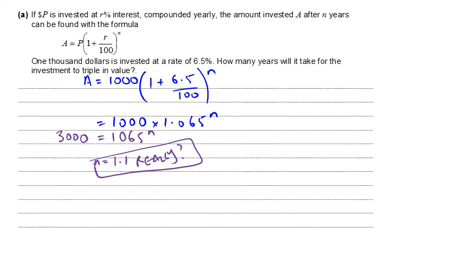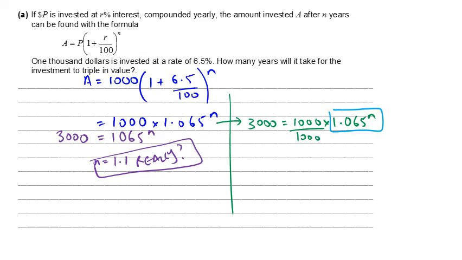Okay, so correctly what you guys needed to do was from here bring this over. Yep, it's $3,000 is 1,000 times 1.065 to the power of n. Okay, now it's this part here that refers to whether it's tripled or not. Okay, so what we need to do is divide by 1,000, and we're going to go, well, that is 3, like that.